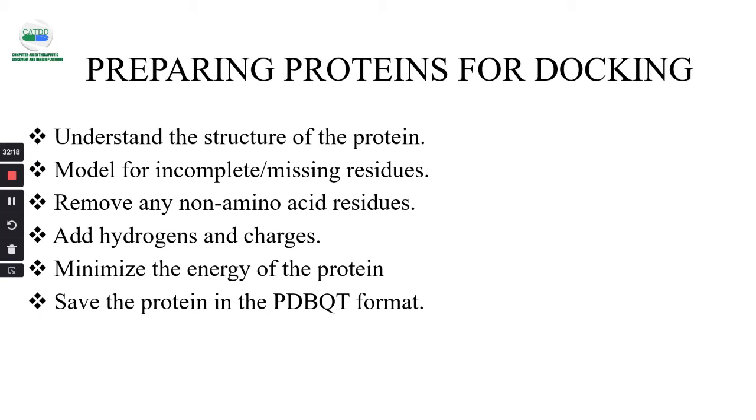So you have to remove water or any non-amino acid residues. You are interested in the amino acid residues that make up a protein, not the water molecules and other non-amino acid molecules. Then you add hydrogens and charges. You minimize the energy of the protein. Then you save the protein in the PDBQT format. I'm going to show us all this very soon, so I won't be dwelling much on it.